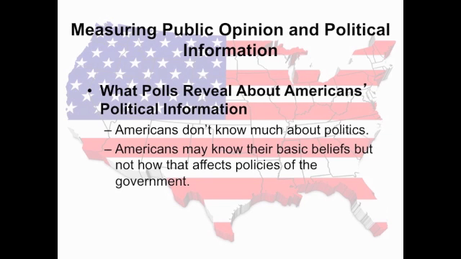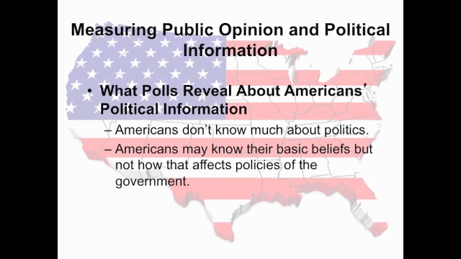Part of the reason the American political system works as well as it does is that people do know the basic values they want upheld, even when they do not have information on policy questions or decision makers. Increased levels of education and the increased availability of information over the last 4 decades have scarcely raised public knowledge about politics.